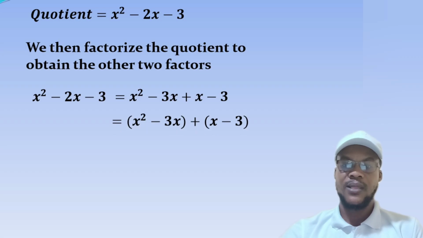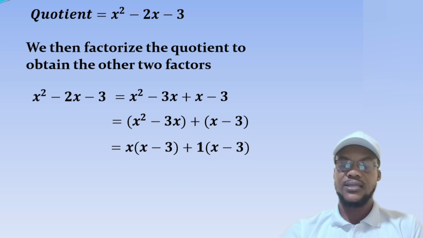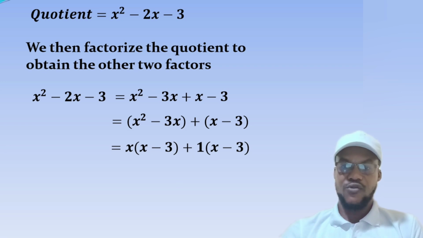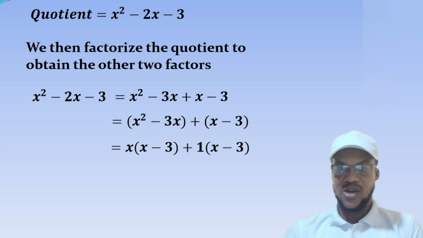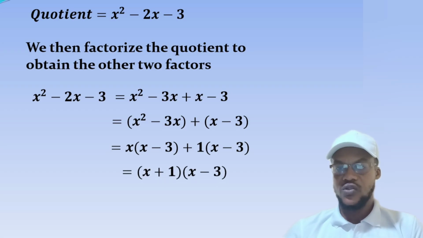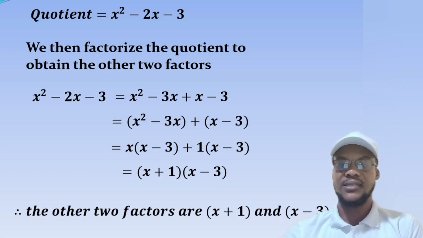If you factor x out, then we are getting x multiplying the expression x minus 3, plus 1 multiplying the expression x minus 3. Then we put x and 1 in one bracket and x minus 3 also in one bracket. Once you are done, you get these two factors. So it means that our two factors are what? The x plus 1 and the x minus 3.